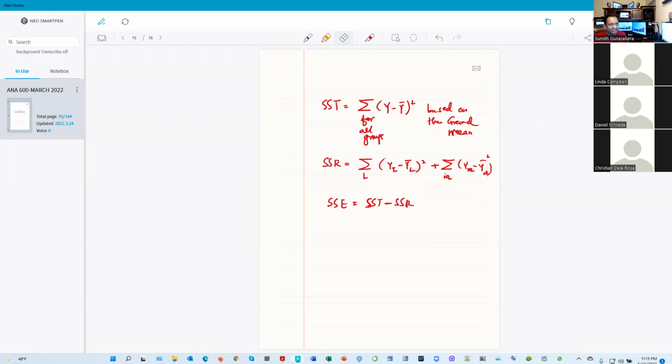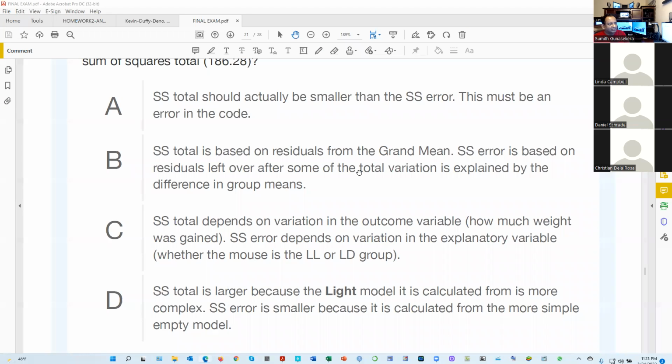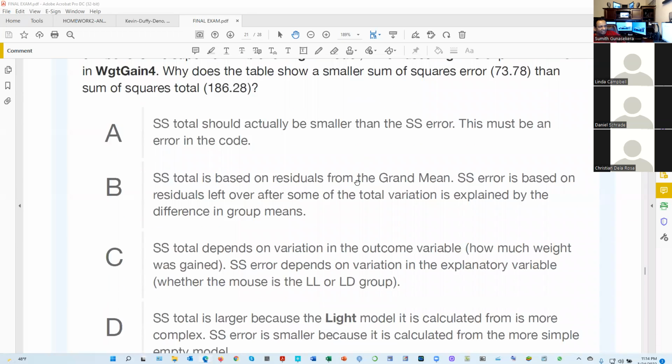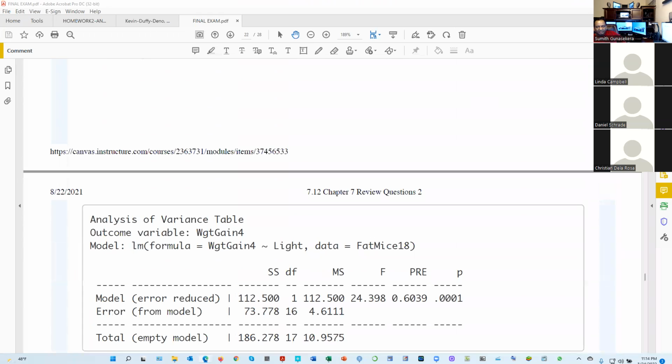The error has been explained. So the total variation explained by the difference in group means is nothing but the SSR. So that should be B. That's why this number is smaller. This much has been explained, and this much is carried from that one. It's larger. Okay, B. And number 9.